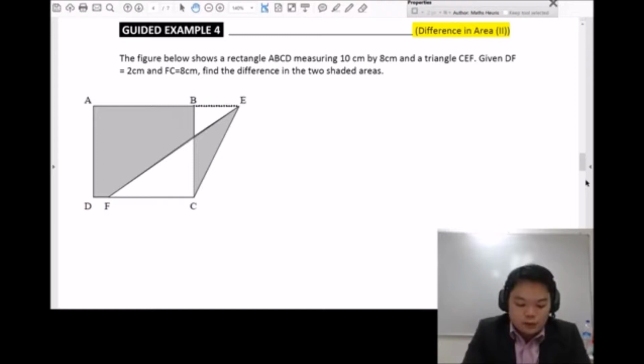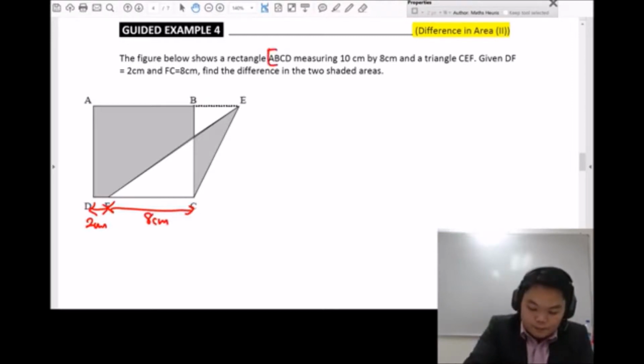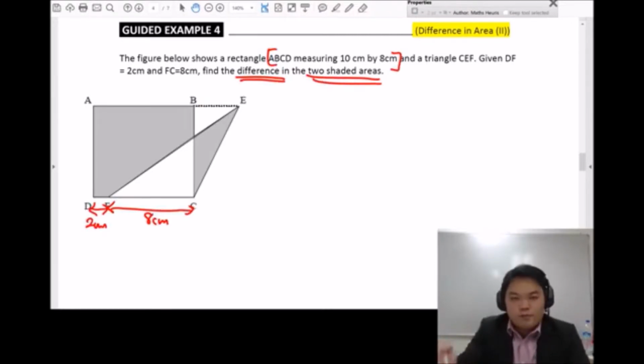So the figure below shows a rectangle ABCD measuring 10 cm by 8 cm and a triangle CEF. So given that DF is equal to 2 cm, FC is equal to 8 cm, find the difference between the two shaded areas.